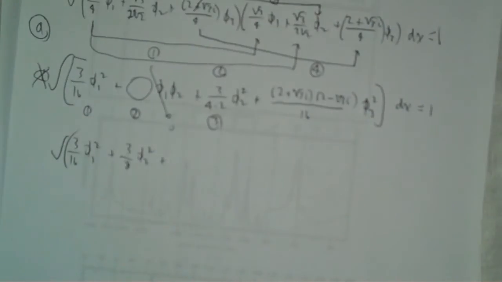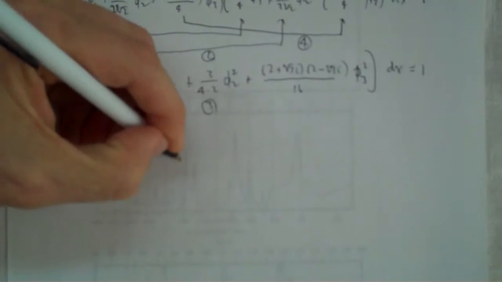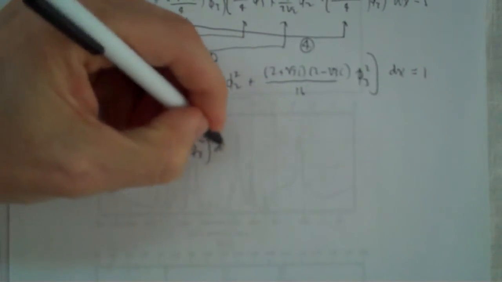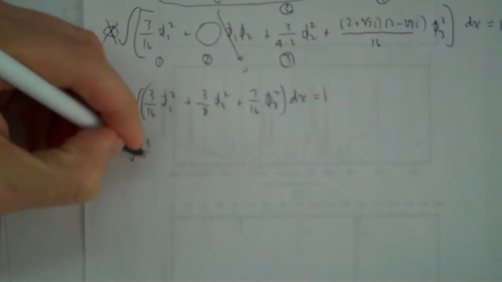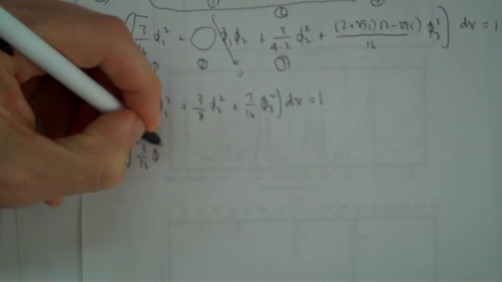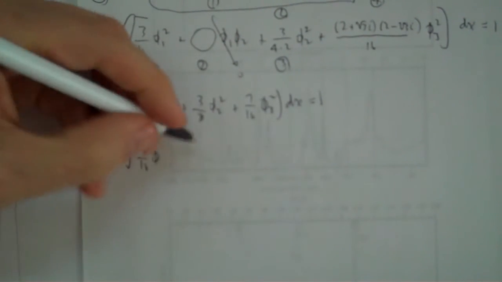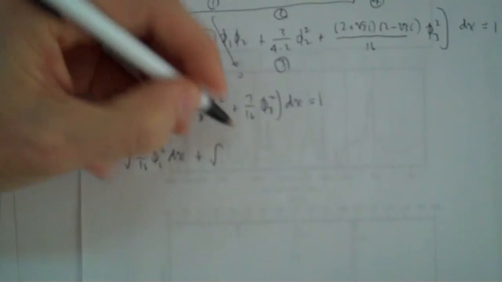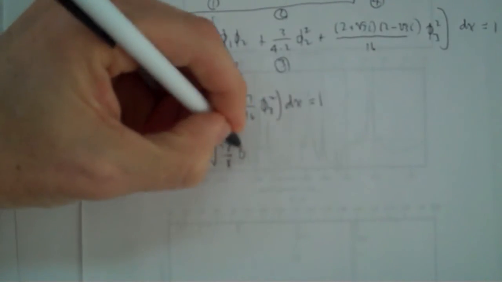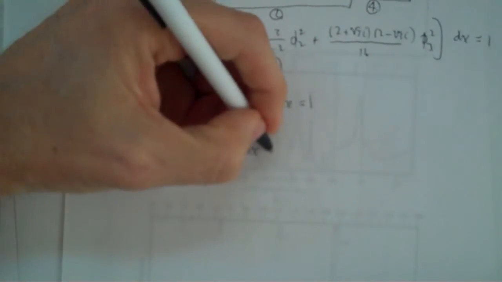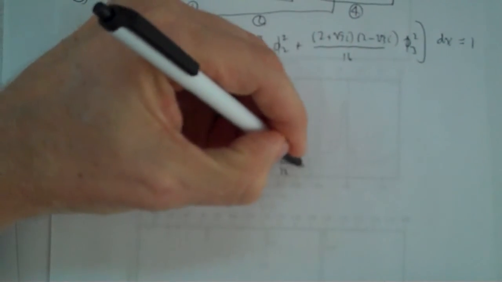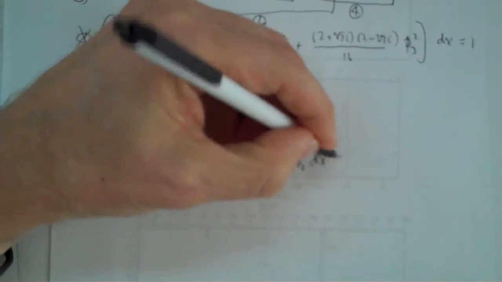which goes to 7/16. Okay. So 7/16 psi 3 squared, right? dx is equal to 1. Okay. Now, this then becomes 3/16 phi 1 dx plus 3/8 phi sub 2 squared dx plus 7/16 phi 3 squared dx is equal to 1.